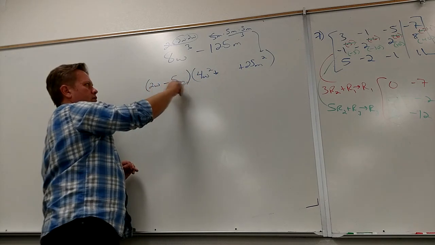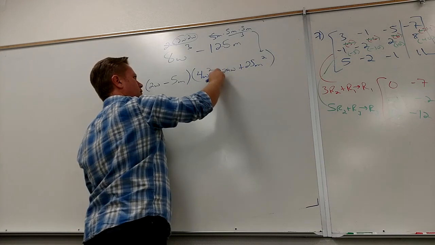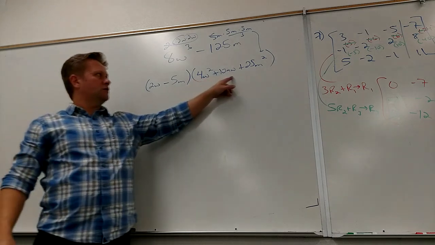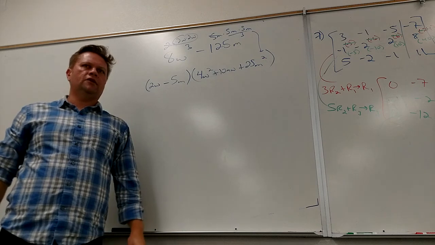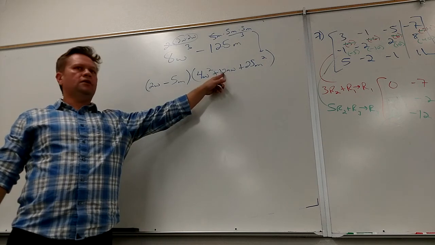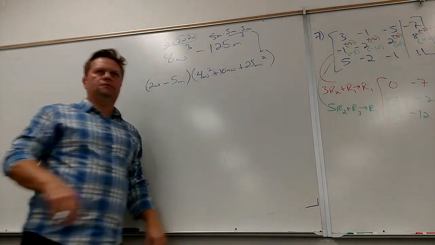Plus 10 MW or WM, doesn't really matter. This guy looks like he wants to factor, right? He don't. Never. Ever, ever, ever. If that was twice as big, it would factor. The middle's always half what it needs to be.